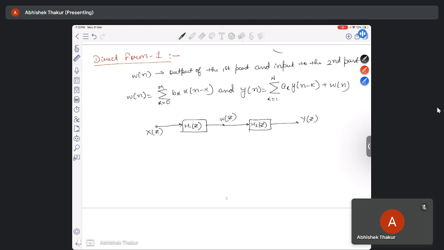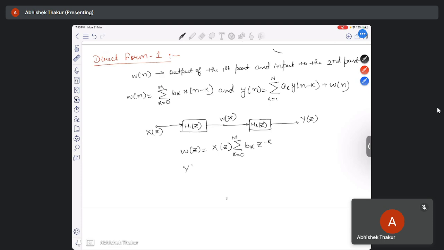So basically w of z will be x of z into dk z to the power of minus k, k is equal to 0 to n.